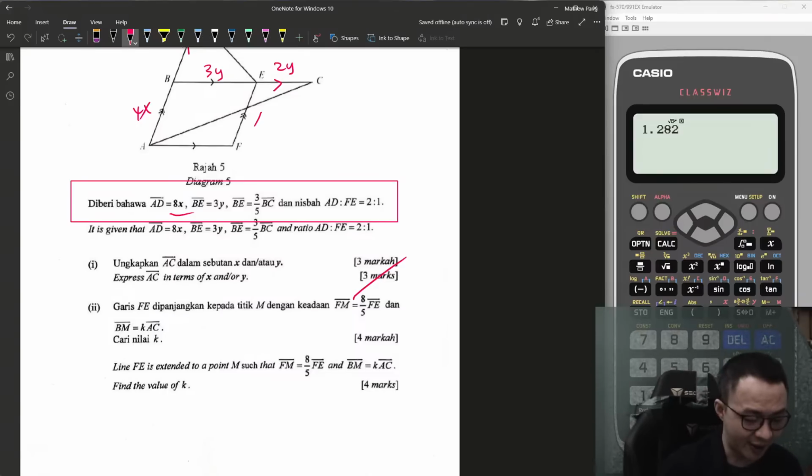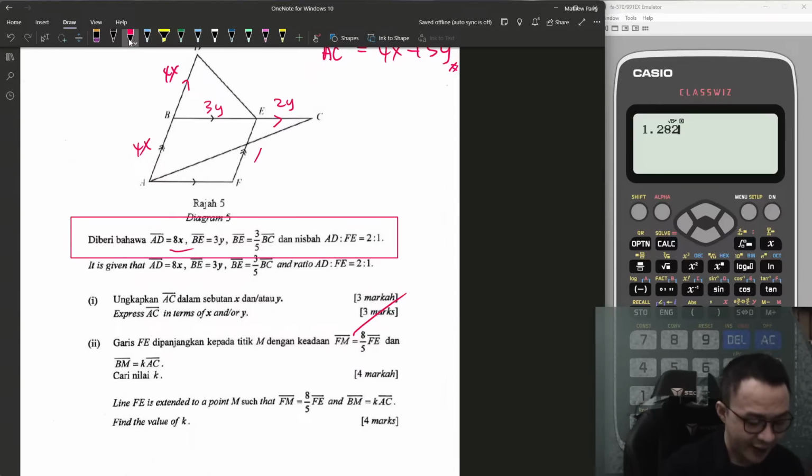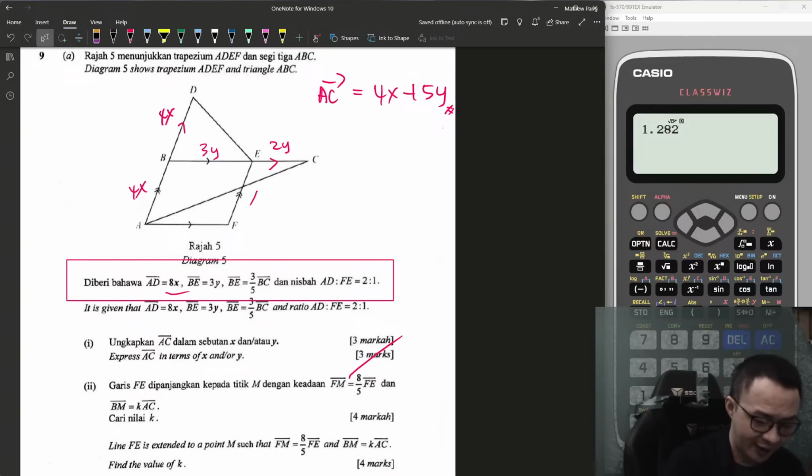Second one, 4 marks here. Find the value of k. FE is extended to a point M such that FM is a over 5 of FE. So I'm going to extend to M. M is maybe somewhere here, I just guess.